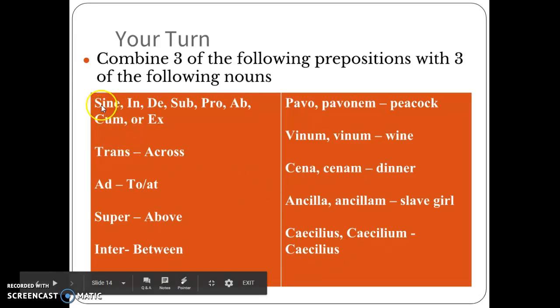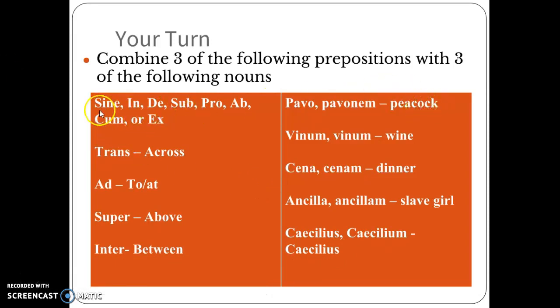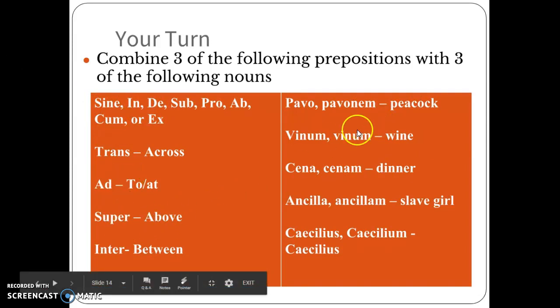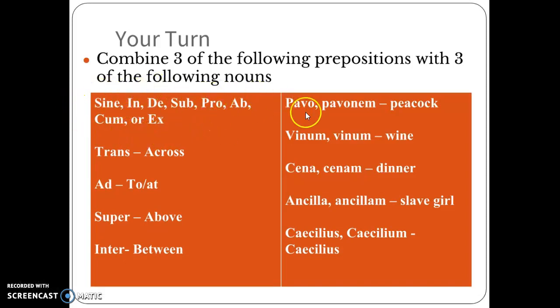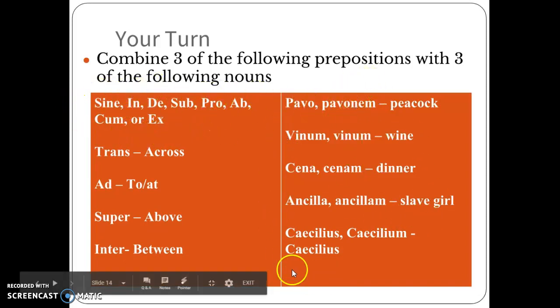So you could say, without the peacock, sine pavone. Or you could say, above the wine, super vinum. You have a lot of different options. Just make sure if it's SID space, one of these up here, then your object over here will be in the ablative case. If it's non-SID space, then these will be accusative.